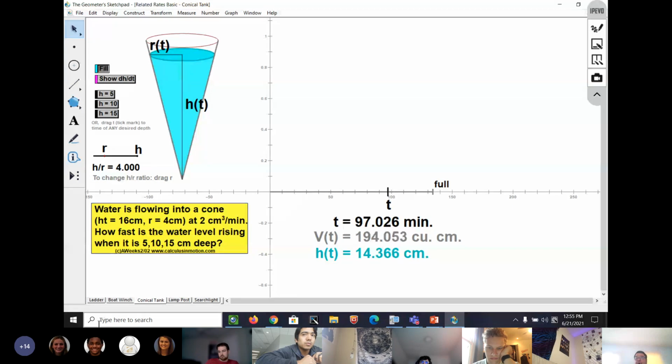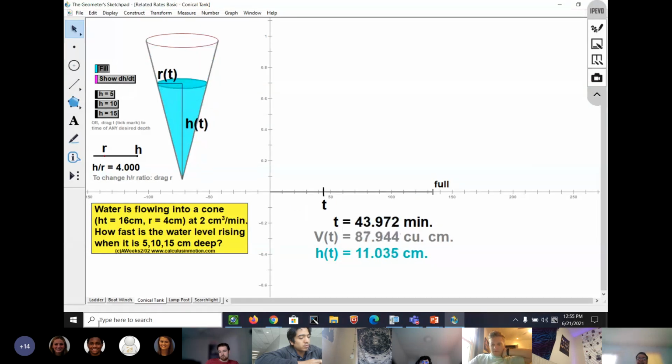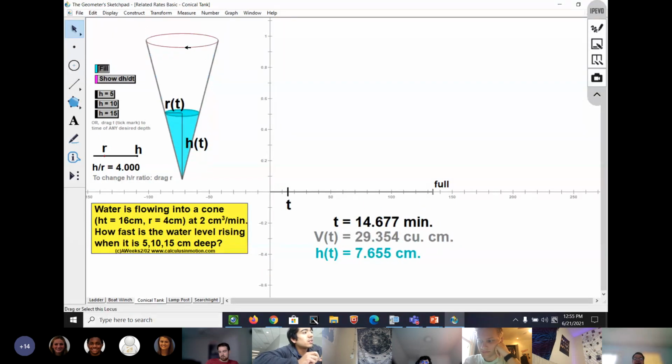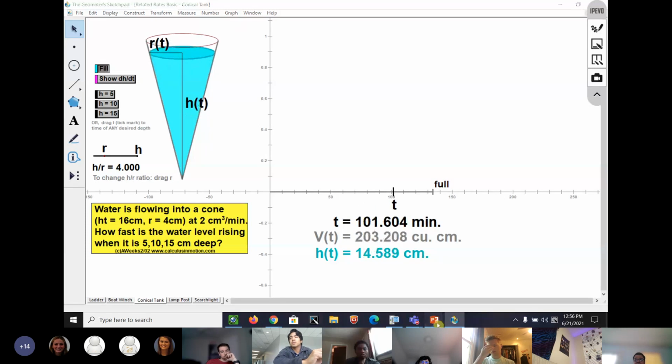So therefore, the height does not change. That's your goal. But as the height increases, the radius does what? The radius increases. So that's why on a tank like this, you got to know your similar triangles. And here is your similar triangle.